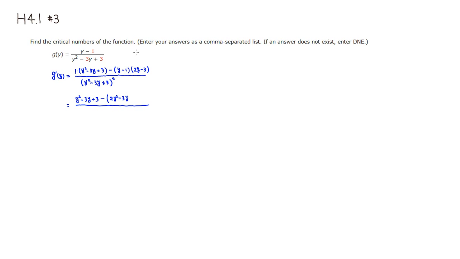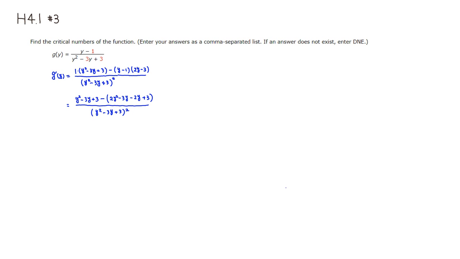Negative 1 times 2y is negative 2y. And negative 1 times negative 3 is positive 3. Then the denominator stays the same: y squared minus 3y plus 3, squared.